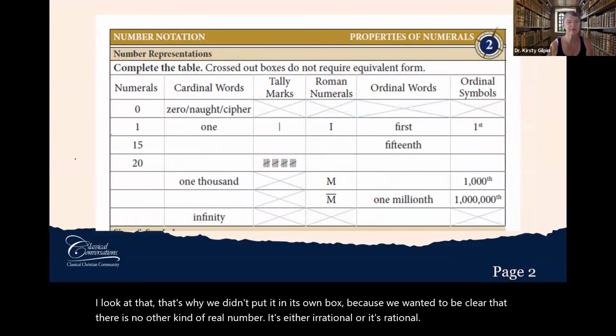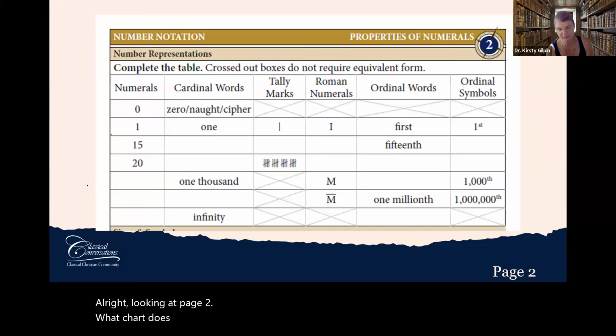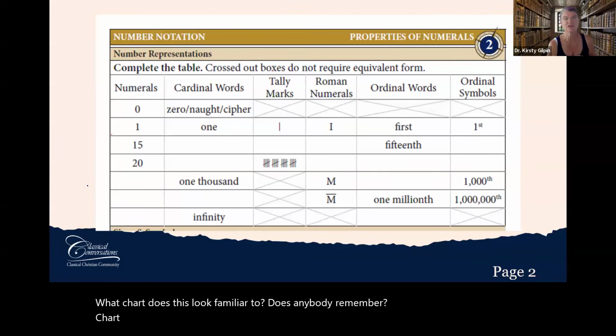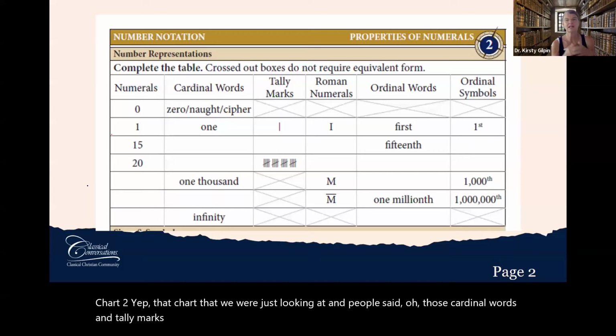All right. Looking at page 2, what chart does this look familiar to? Does anybody remember? The chart on chart 2 for this week. Yep, that chart that we were just looking at, and people said, oh, those cardinal words and tally marks feel familiar, right?